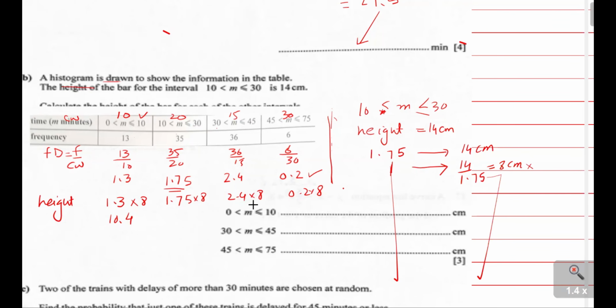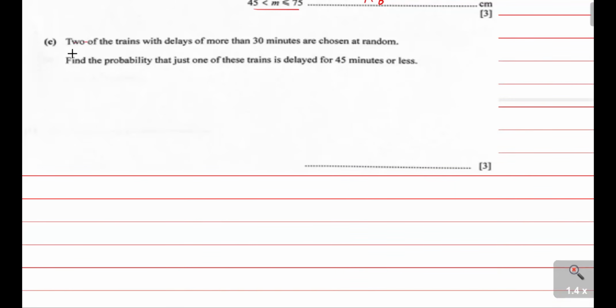And the next 2.4 multiplied by 8 will be equal to 19.2. And 0.2 multiplied by 8 is 1.6. Therefore, the first height would be 10.4, second is 19.2, and the last is 1.6.